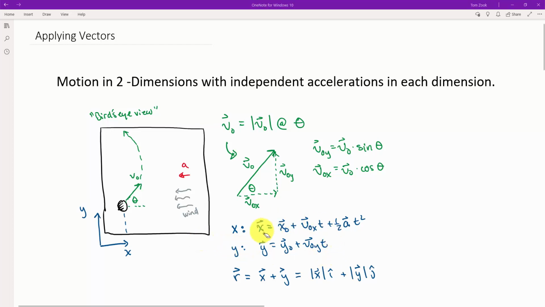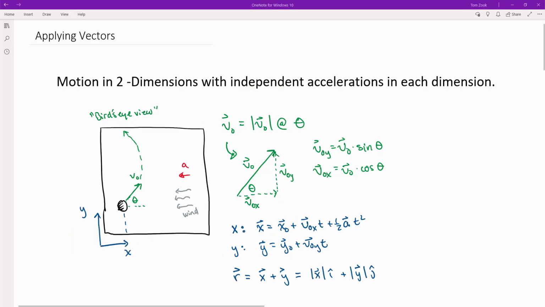Not exactly the most streamlined way of doing things, but let's go ahead and set up what this would look like if we actually had some numbers for these things. And let's say it's at the origin, because that would just make life a lot easier, right?